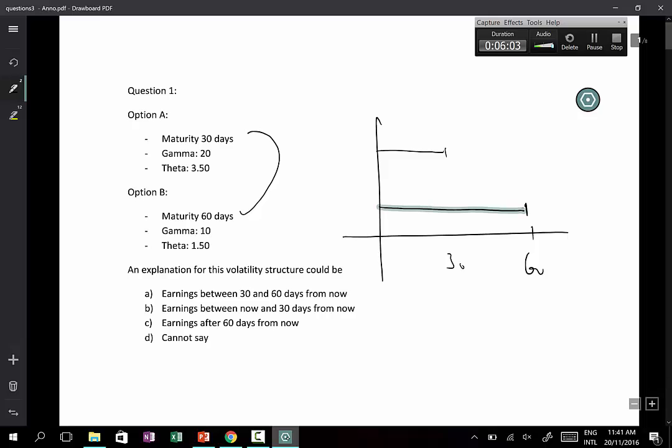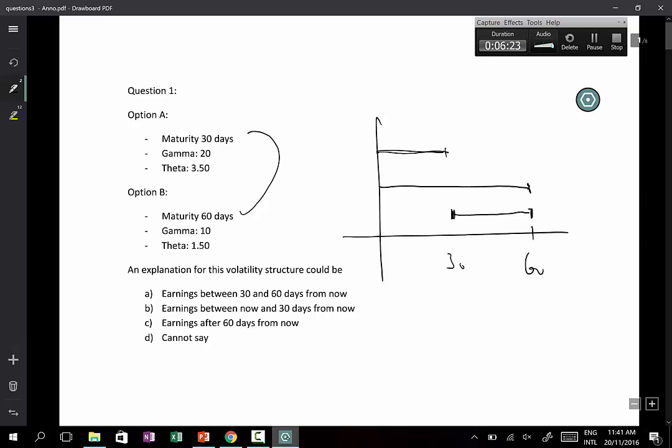I want to draw the 60-day a little different. So this is the 60-day. If this is the 30-day and this is the 60-day, then the 30-day vol in 30 days time is probably somewhere here. Now how do I know that?